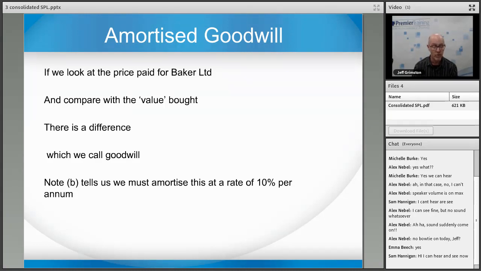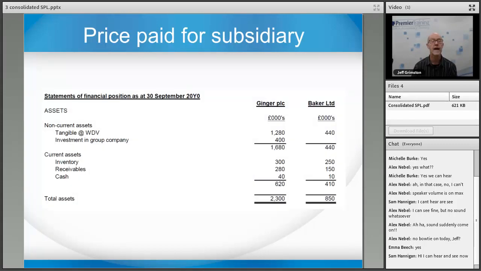So let's look now at, first of all, we need to find out what was the price paid. If we look back to the data, we can see that under the assets section of Ginger PLC, we have the words investment in group company. And that tells us that at cost they have paid £400,000.